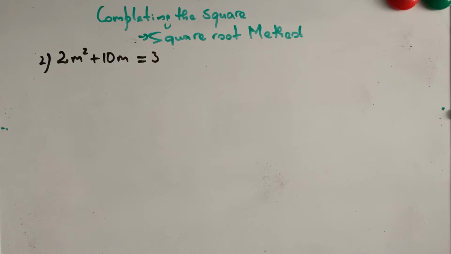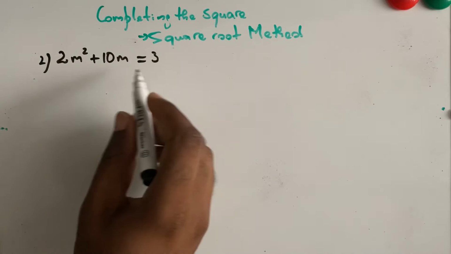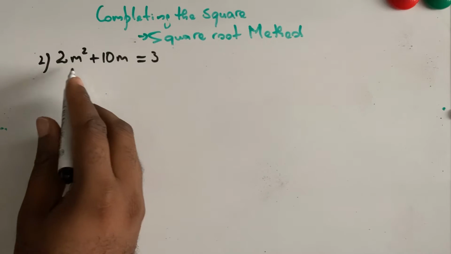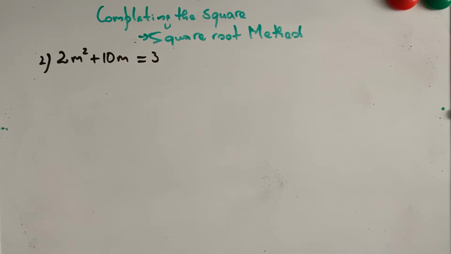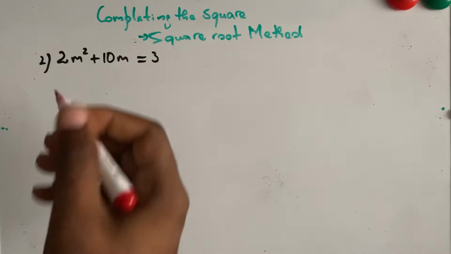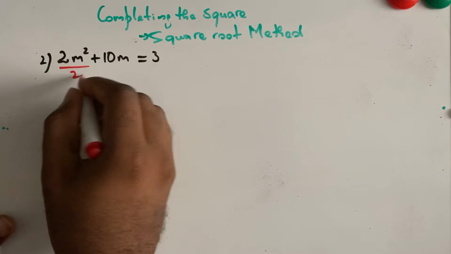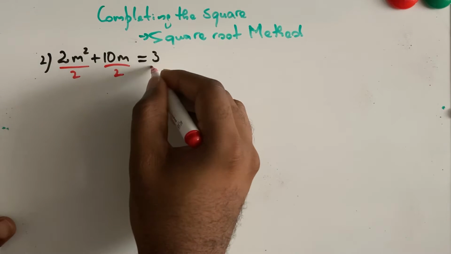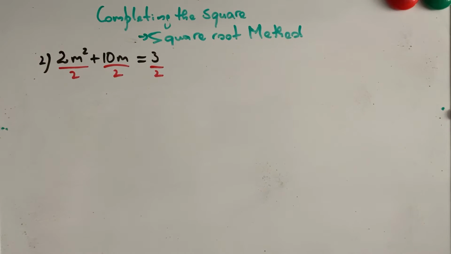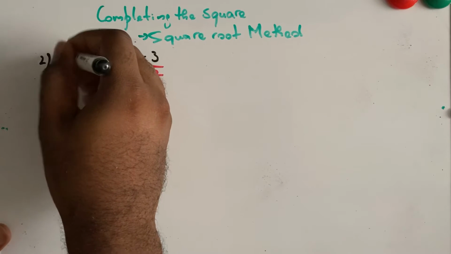So before you do anything here, if you're completing the square, you don't want the coefficient of m squared to be 2, or a number other than 1. You want it to be 1. Therefore, you're going to divide everything by the leading coefficient, just to make sure you get 1 right here at the beginning. Now it becomes 1 because the 2 is cancelled out.